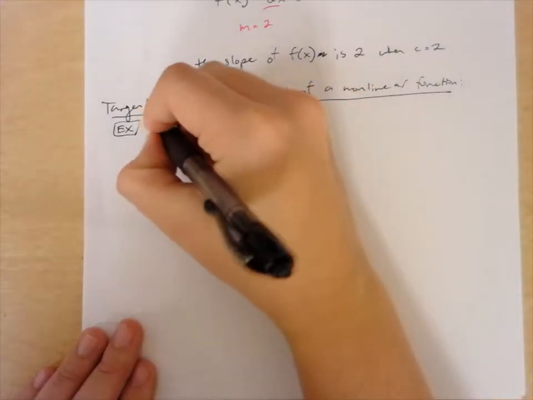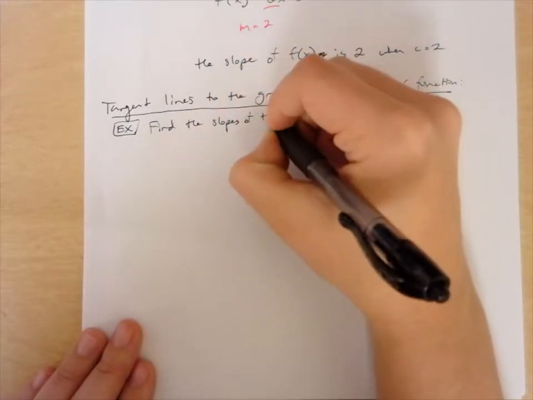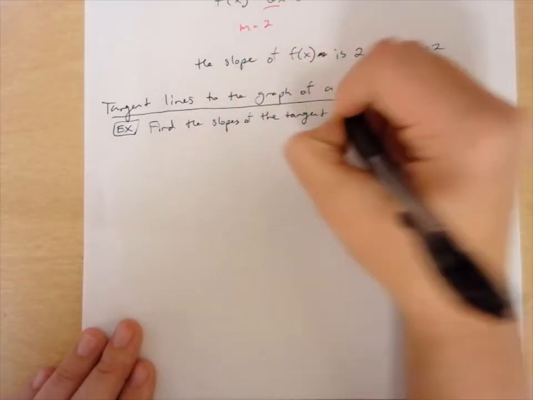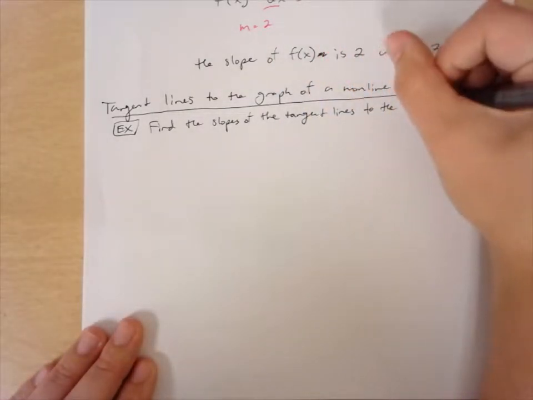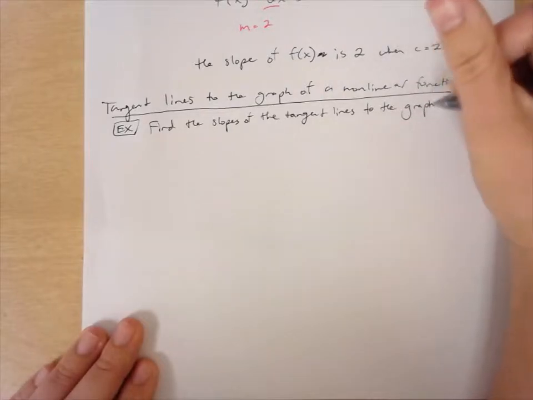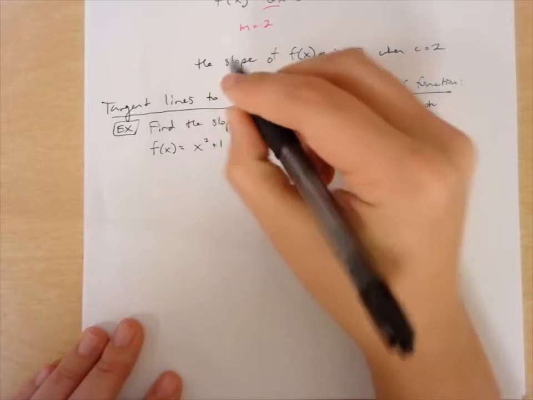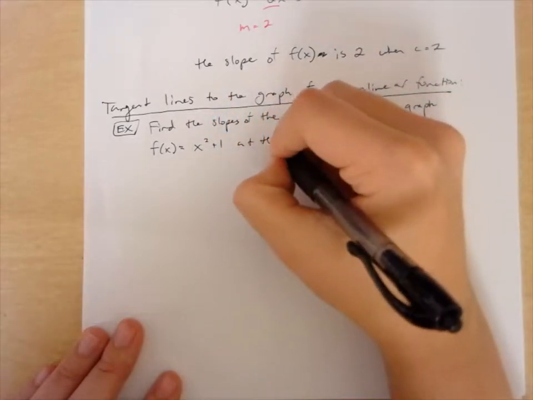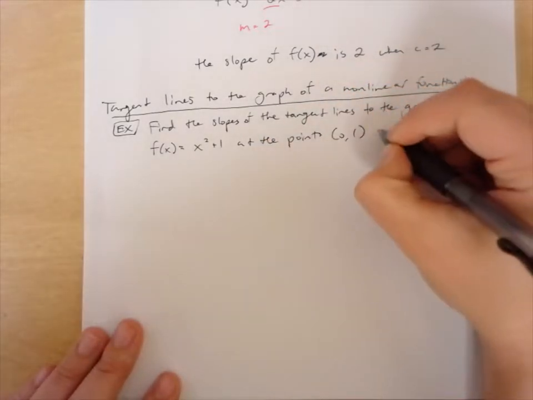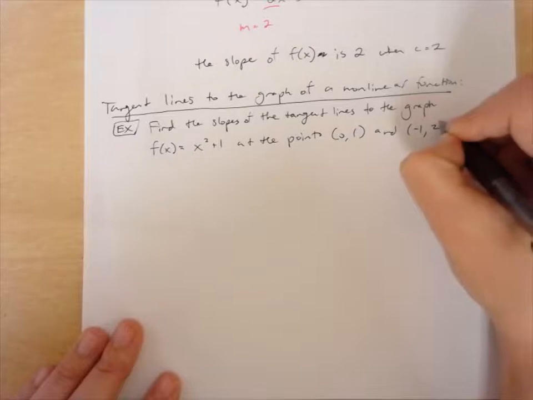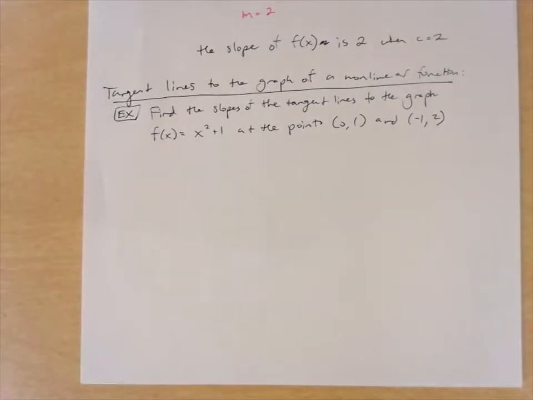Find the slopes of the tangent lines to the graph f of x equals x squared plus 1 at the points (0, 1) and (-1, 2). Oh boy, alright. That was a lot.